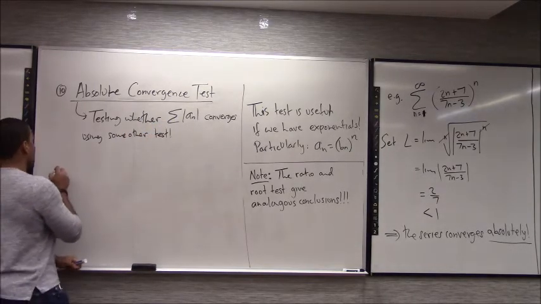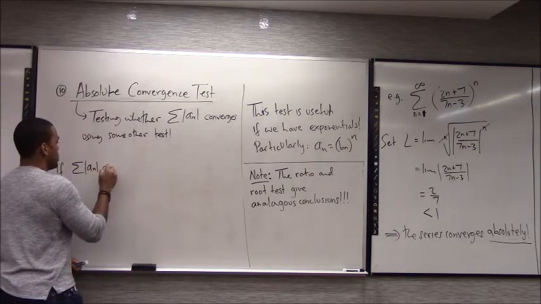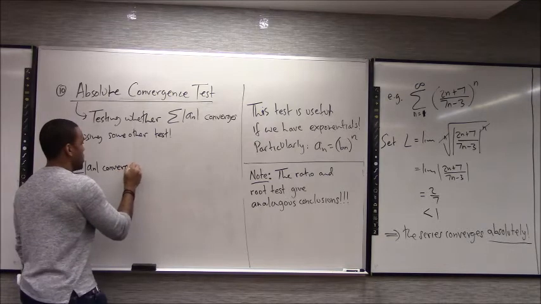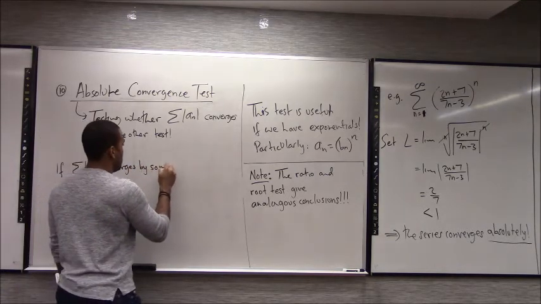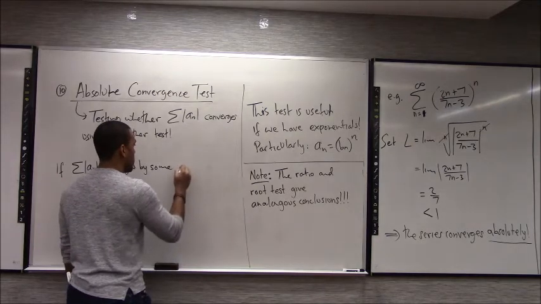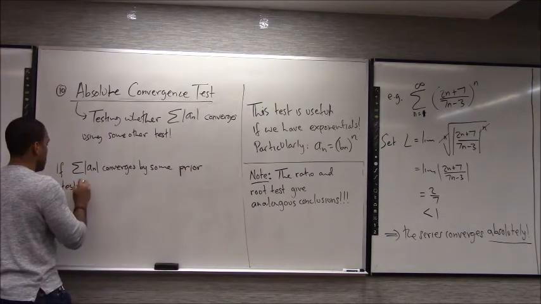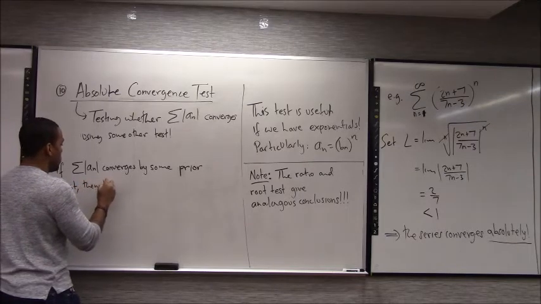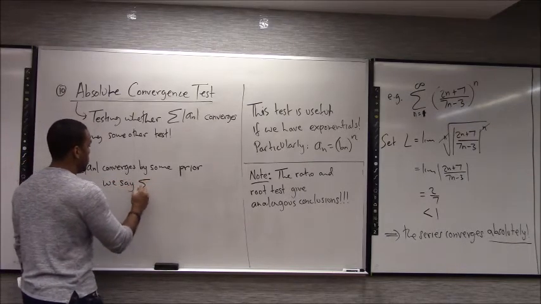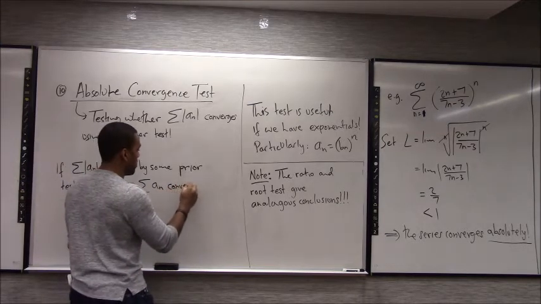And so if this guy converges by some prior test, then we say the original series without the absolute values converges absolutely.